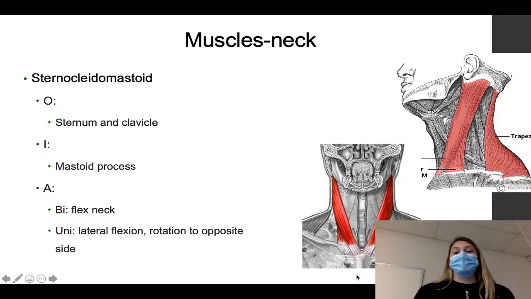So bilaterally, when both of them contract, we're going to have neck flexion, so chin to chest. Unilaterally, we will have lateral flexion and rotation to the opposite side. So if the right side is causing rotation, you'll actually have left rotation. So it's the reverse. You won't be having a right muscle contraction and turning right, it's the opposite. So it does lateral flexion, and then it does rotation to the opposite side.